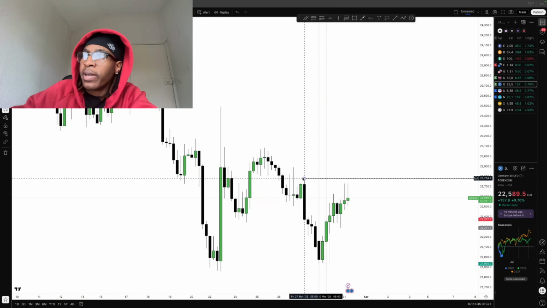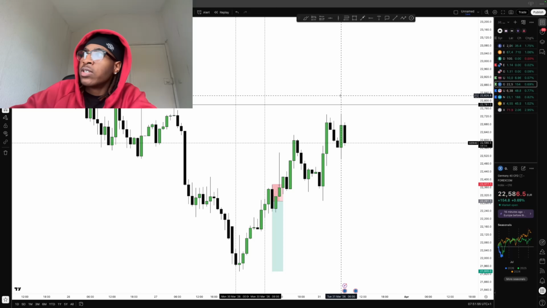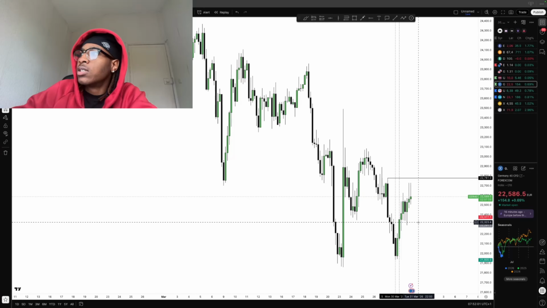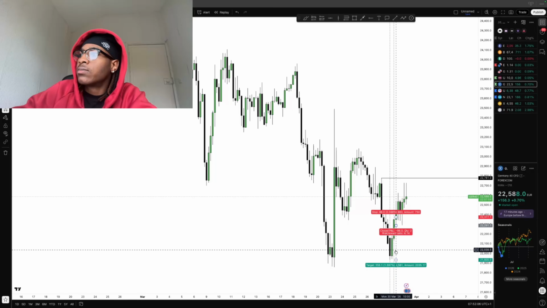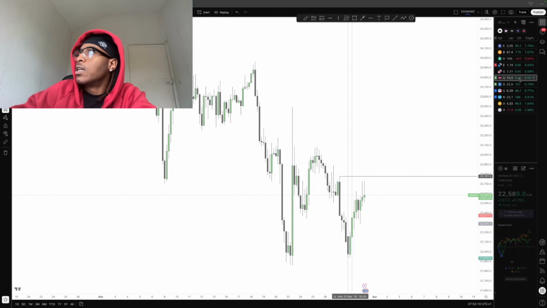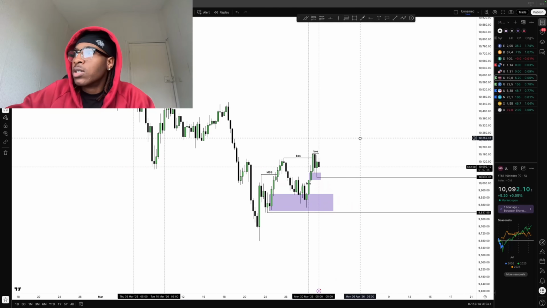It hasn't disrespected this range, so I can't say it's bullish as well. Internally, it might look bullish, but it needs to change market structure in the higher time frames, you know. Okay. Anyways, I'll keep you updated. We'll see how things go.